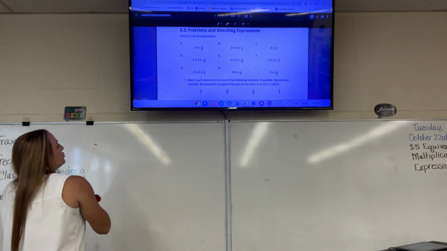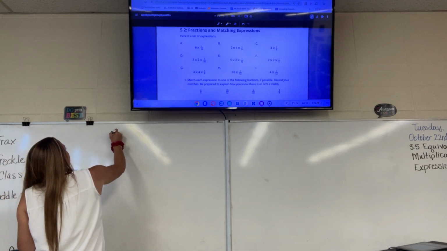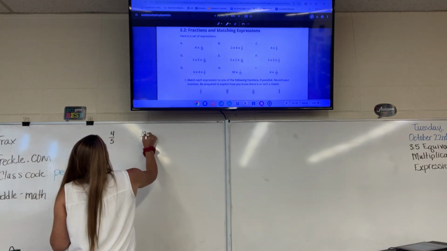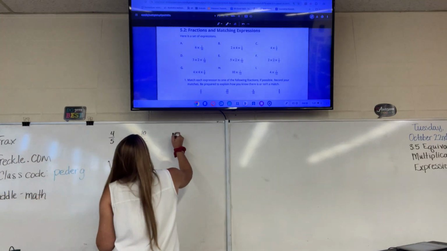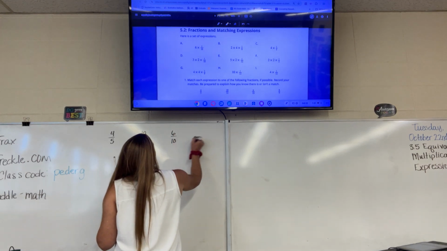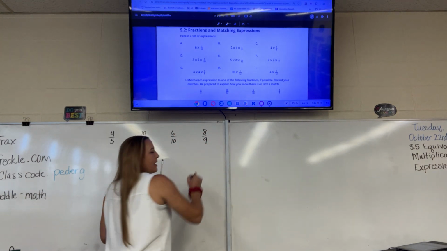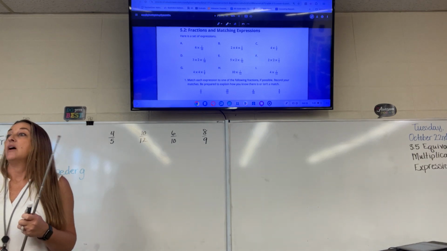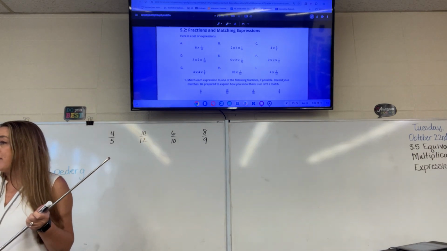I'm going to pull sticks. So these are our choices: 4/5, 10/12, 6/10, or 8/9. Those are our options, okay? But remember, 2 of them aren't going to fit anywhere. They're not going to have a match.